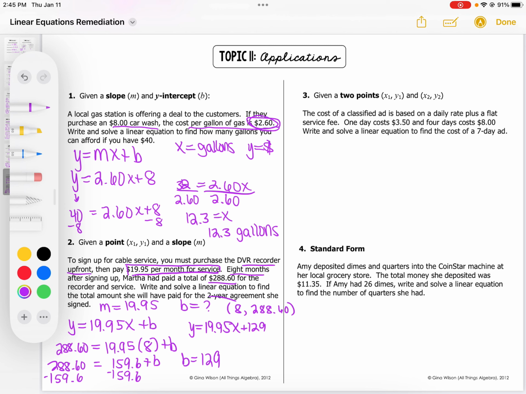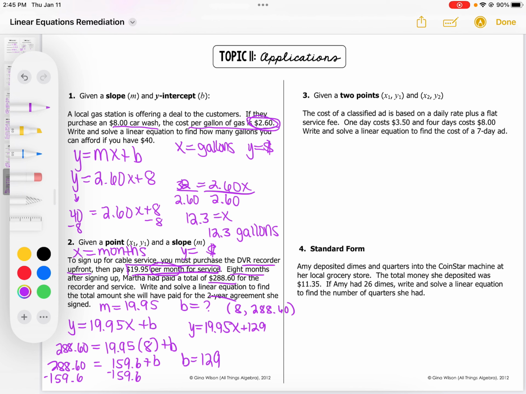One of the things I didn't do at the very start is write what my variables represent, and I'm running out of space, so I'm going to do it in this little spot up here. X and Y should be defined. X is the number of months. I can tell that from the slope. It's $19.95 per month. That means that X is months. And like many word problems, Y represents money because the money that you pay depends on everything else.